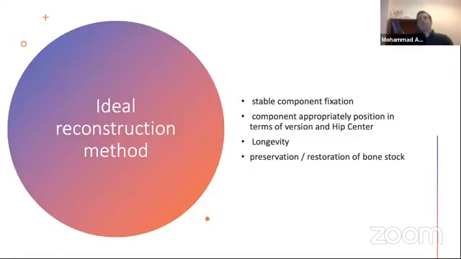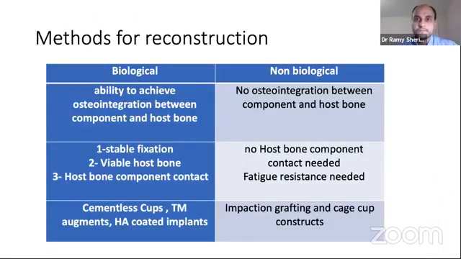So if we were to imagine an ideal reconstruction method, it would be one that would give us a stable fixation, allow me, the surgeon, to place the components in appropriate position and version to achieve the optimum stability and biomechanics, and will theoretically outlive the patient and ideally would preserve or even restore bone stock. So you can classify them into biological and non-biological.